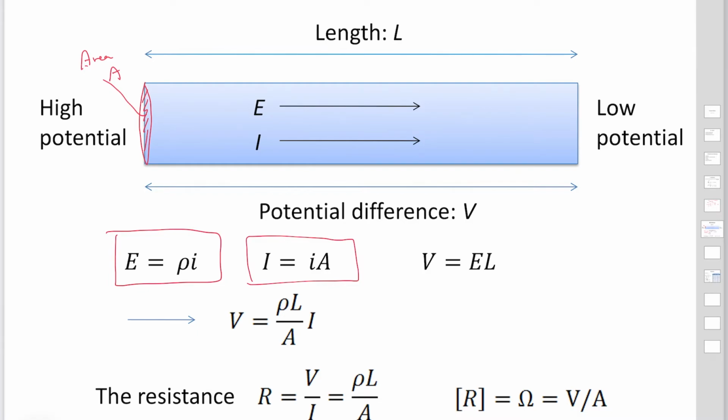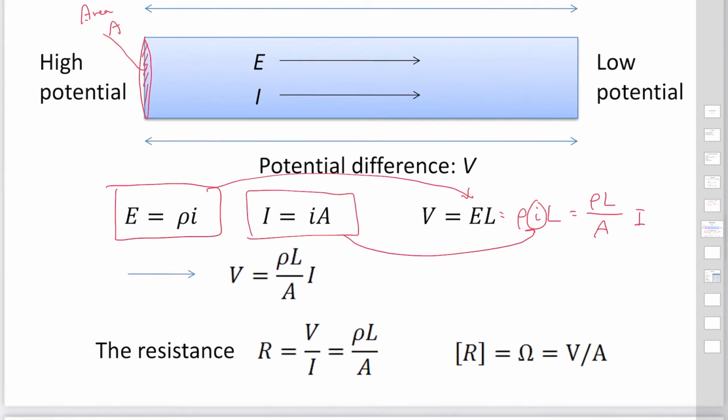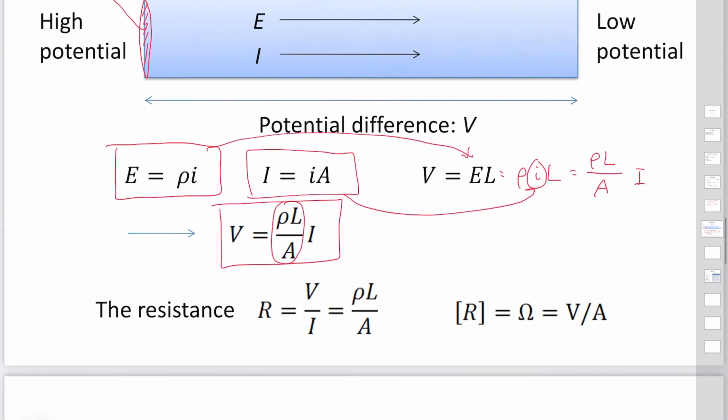The voltage difference can be expressed as V equals the electric field times the length of the wire, E times L. Then you can substitute E here, and it becomes rho J L. For J, you can substitute here, and it becomes rho L over A times I. So the voltage difference between the two ends of the wire is V equals rho L over A times the current I. This rho L over A we call resistance.